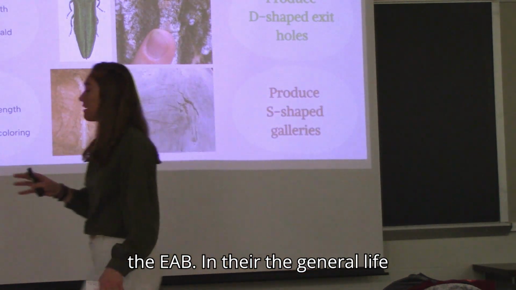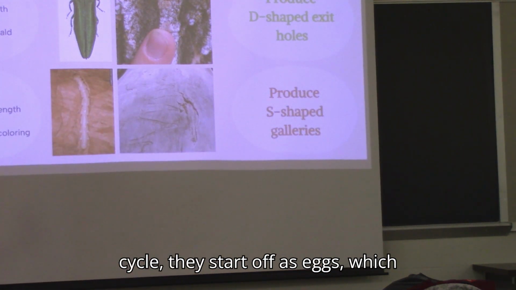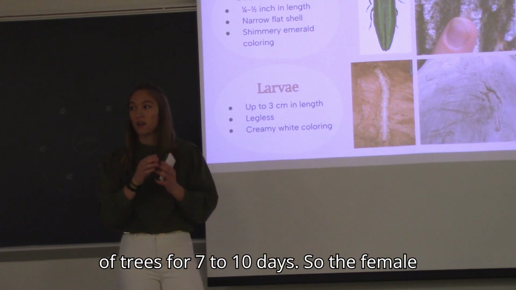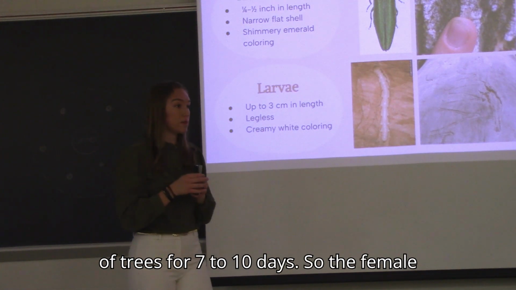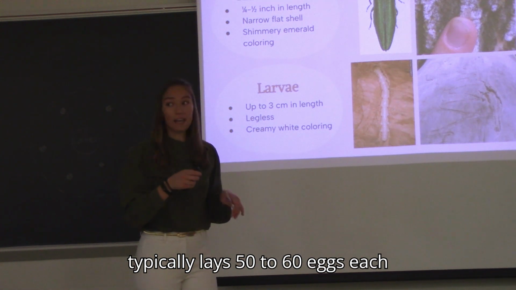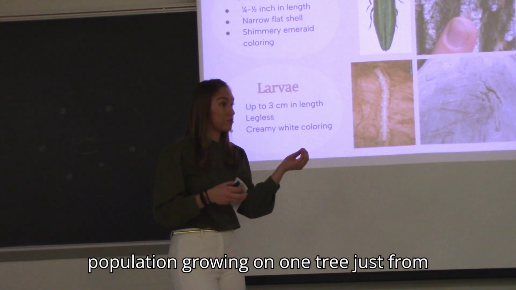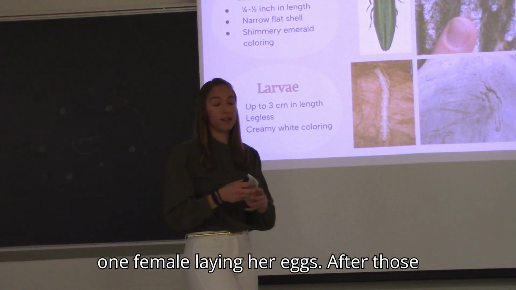In their general life cycle, they start off as eggs, which are then harbored on cracks and crevices of trees for 7 to 10 days. So the female typically lays 50 to 60 eggs each time, so that you can have an intense population growing on one tree just from one female laying her eggs.